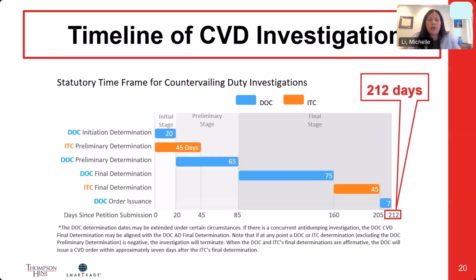And I will talk about when an affirmative preliminary determination comes in.